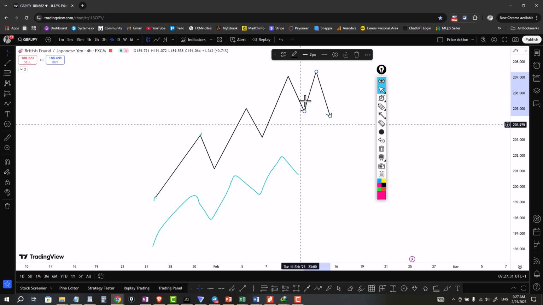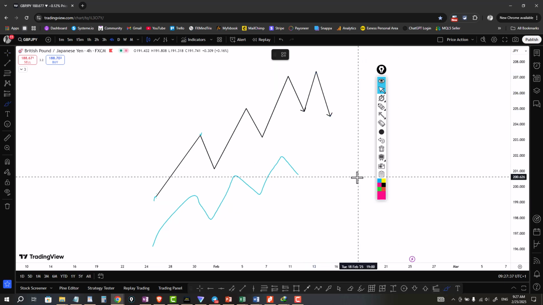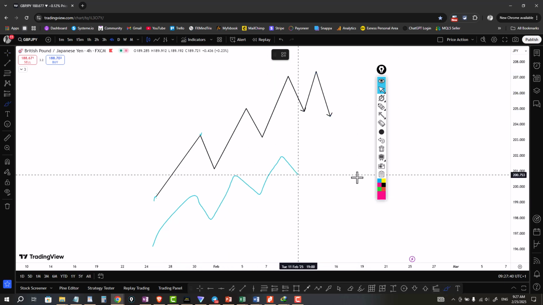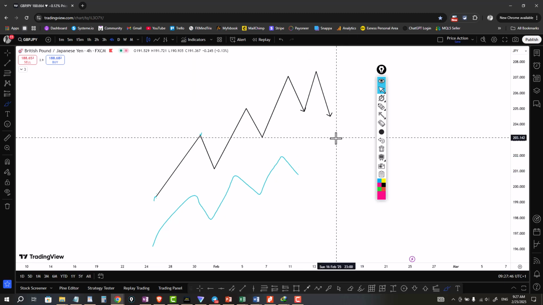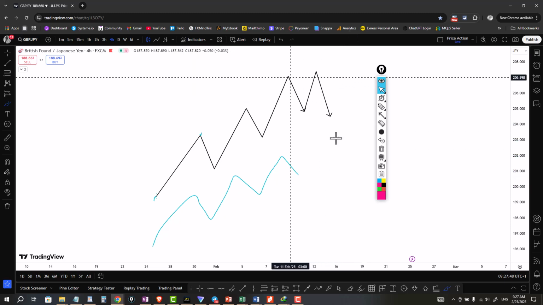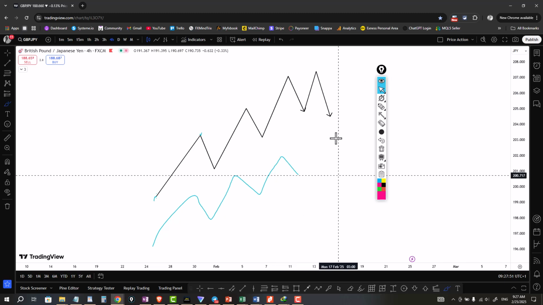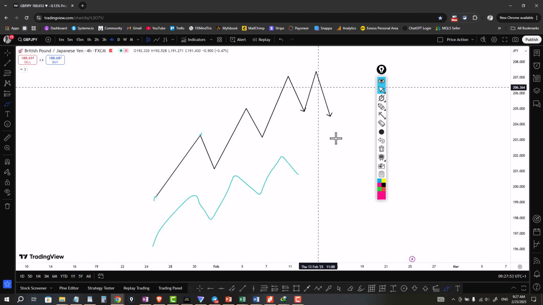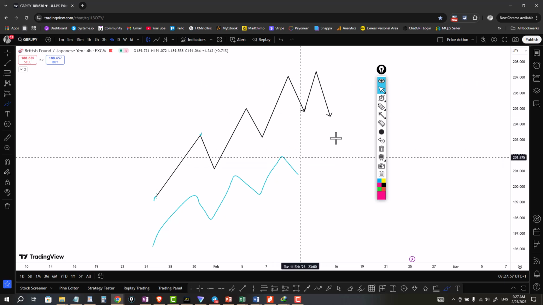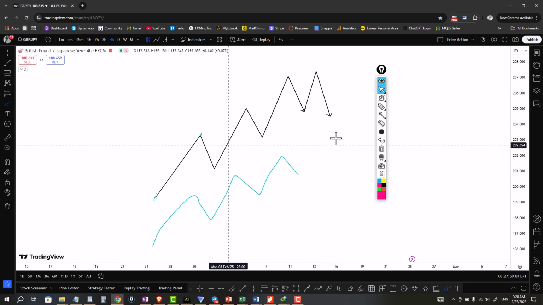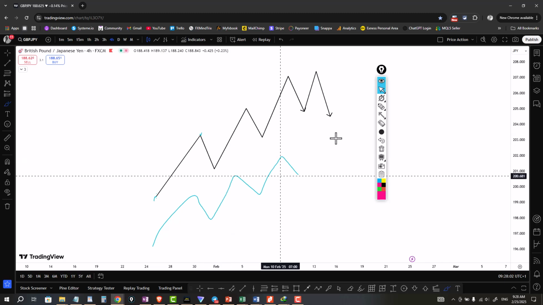And as a result of this, the oscillator now, okay, let me pick this ink tool. So the oscillator now is not going to be able to form a higher high, because as you can see, price just barely broke above this previous higher high, and it took longer to form this higher high, which barely broke above this resistance, and it also moved a lot less in the number of pips than the previous impulse waves.